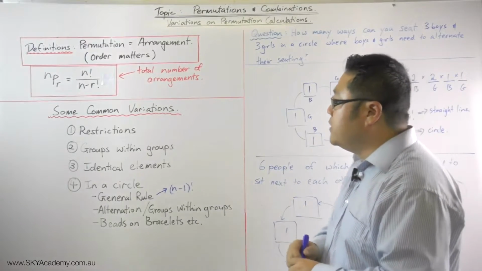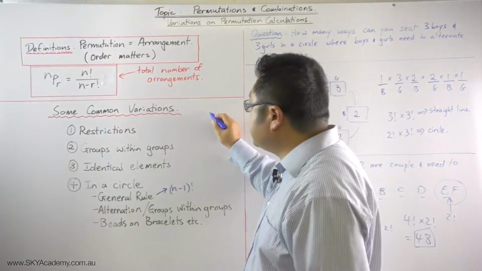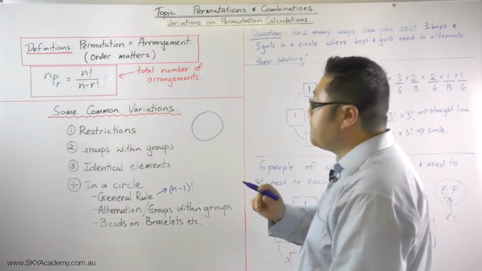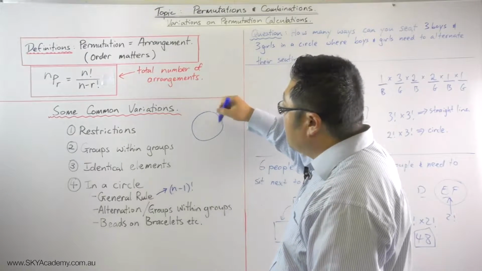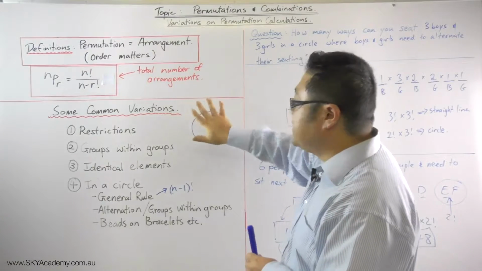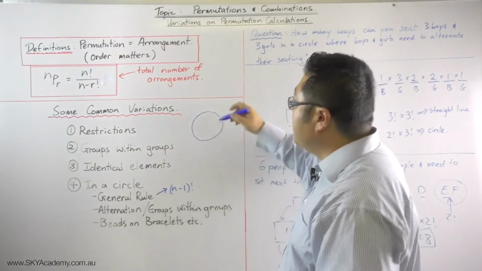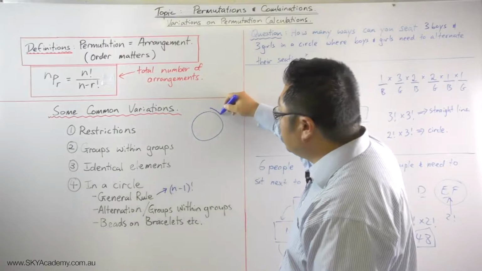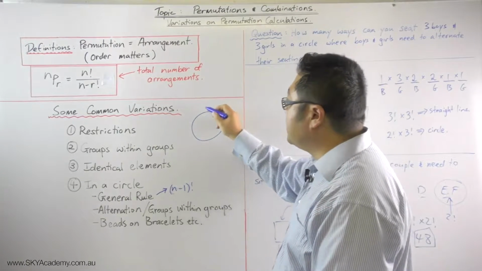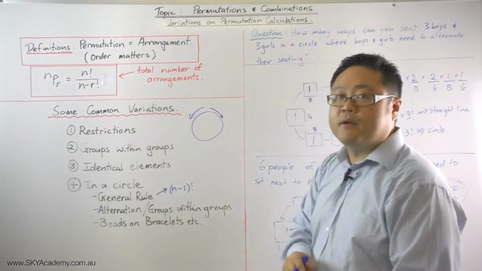And what I want you to notice is that with a circle, the arrangements on a circle, right? If it's a flat circle and you're looking at it from only one perspective, then an arrangement going clockwise, right, will be a different arrangement going anti-clockwise, okay?